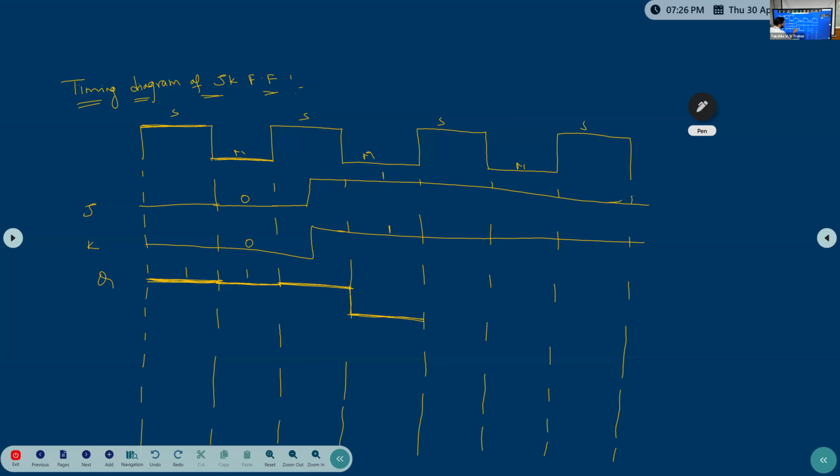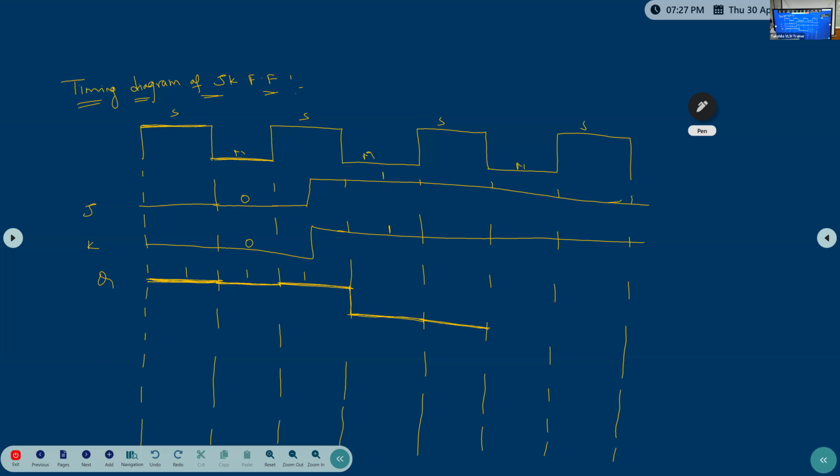Then it makes 0. Again in this condition it goes to off state. Off state, whatever is there, same holding state, means it will be held up to here.